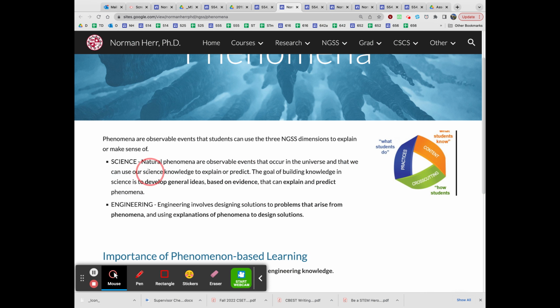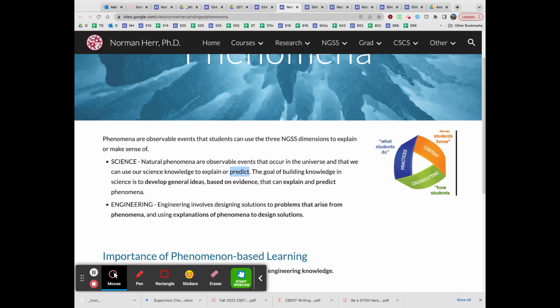So we're using the scientific knowledge to explain, and I'm going to put there "and predict," because if you put the "and," you're going to score higher. In other words, you want your students to be able to make an explanation of a phenomenon, but you also want them to be able to make a prediction from their explanation.